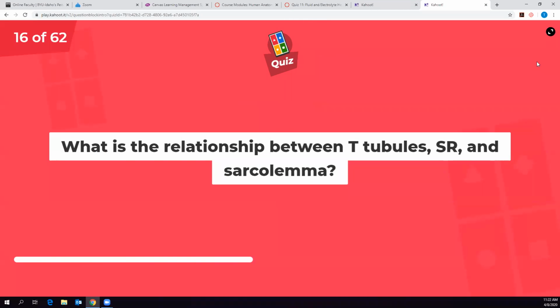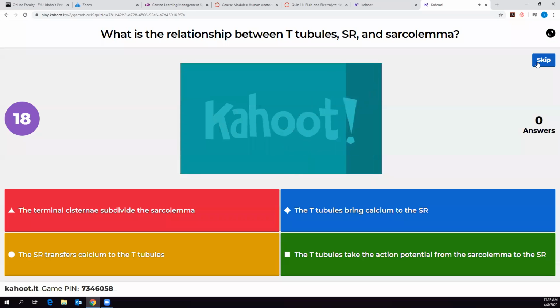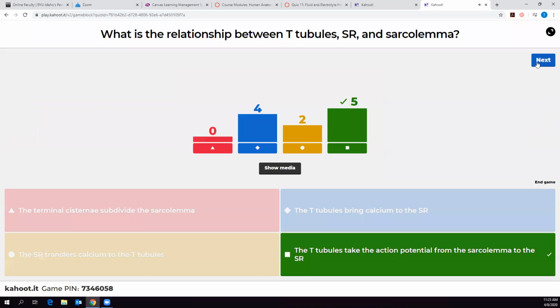All right, what is the relationship between the T-tubules, sarcoplasmic reticulum, and sarcolemma? Yes.